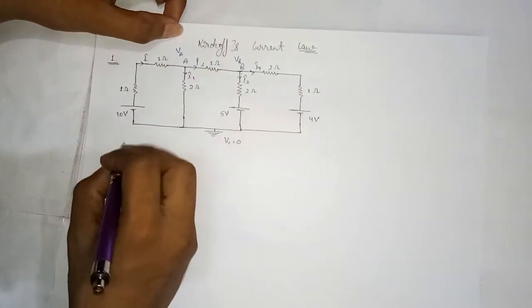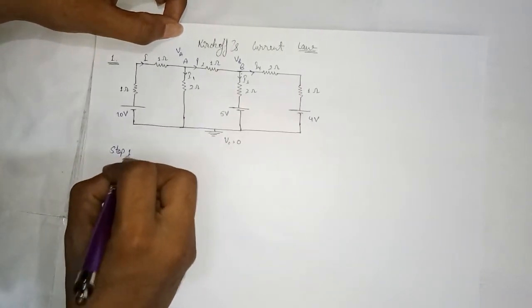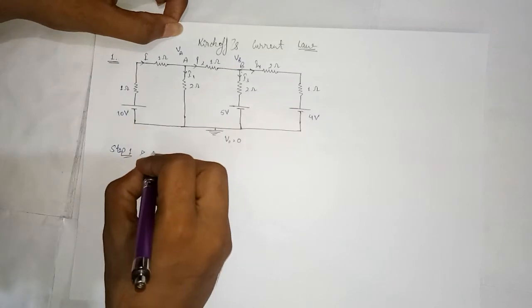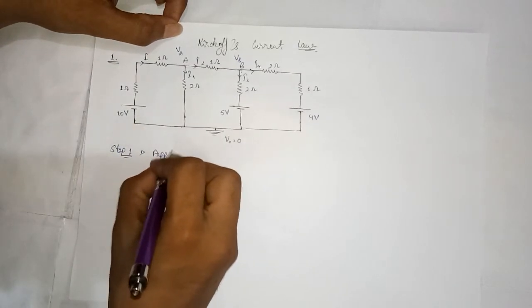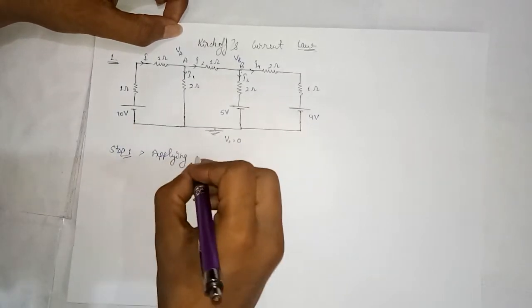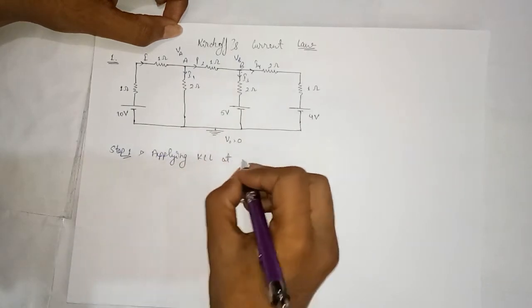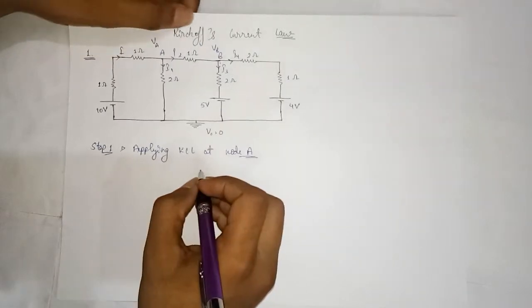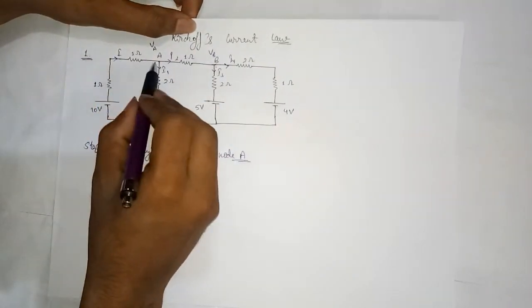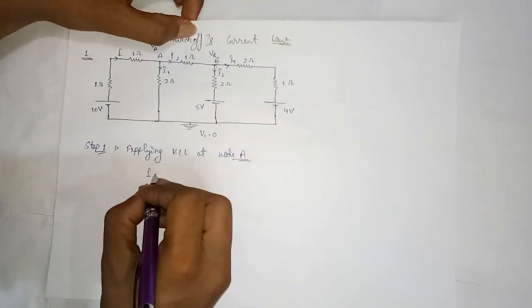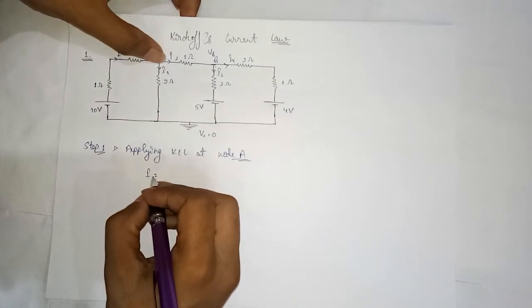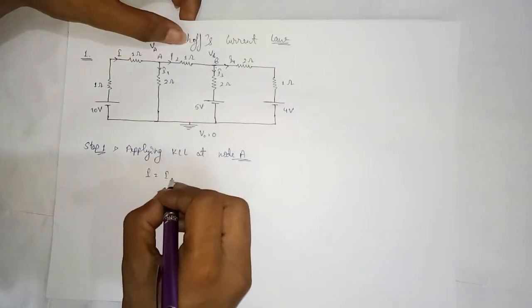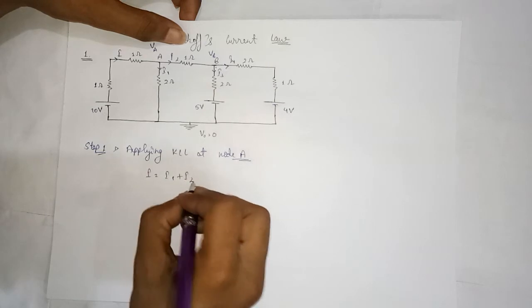Okay, so step 1, applying KCL at node A. So this is the incoming current, I, which is equal to the outgoing current, that is I1 plus I2.